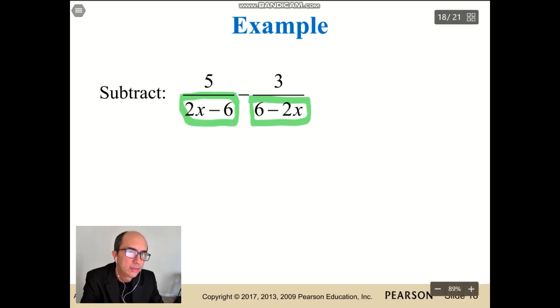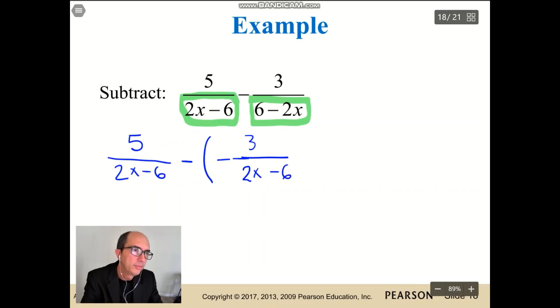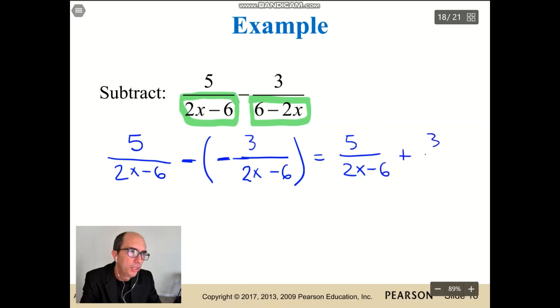So let's rewrite here 5 over 2x minus 6, minus, and here we will rewrite as a negative, 2x minus 6. Negative with negative, positive: 5 over 2x minus 6 plus 3 over 2x minus 6.